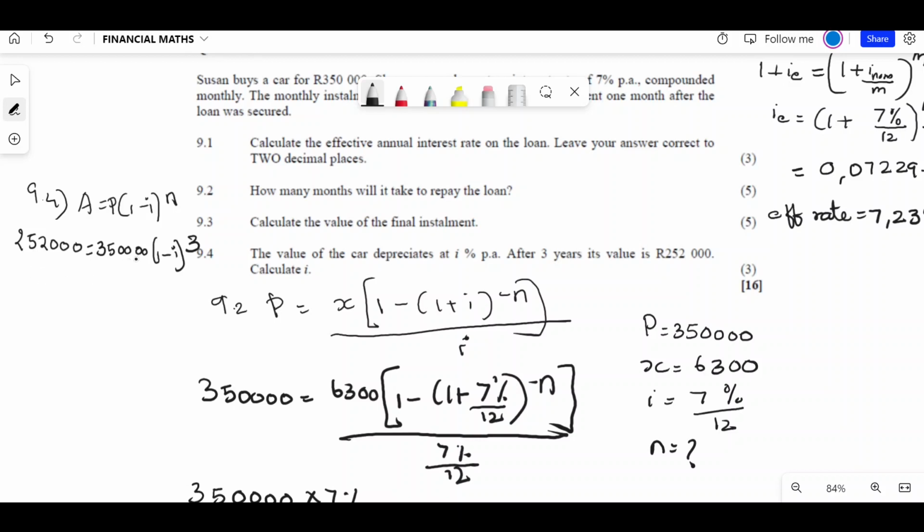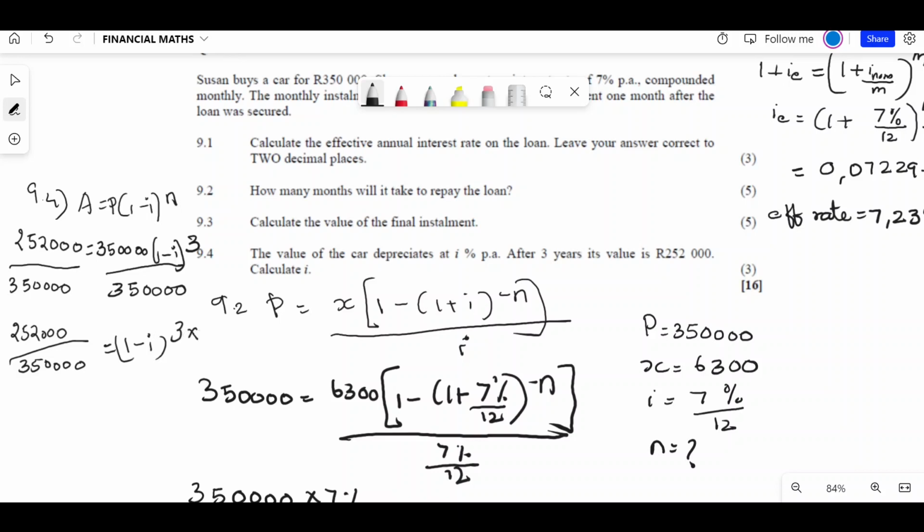So when you have this step, first step is to divide by 350,000 on both sides. Now you will be left with 252,000 divided by 350,000 equal to (1 minus i) cubed.